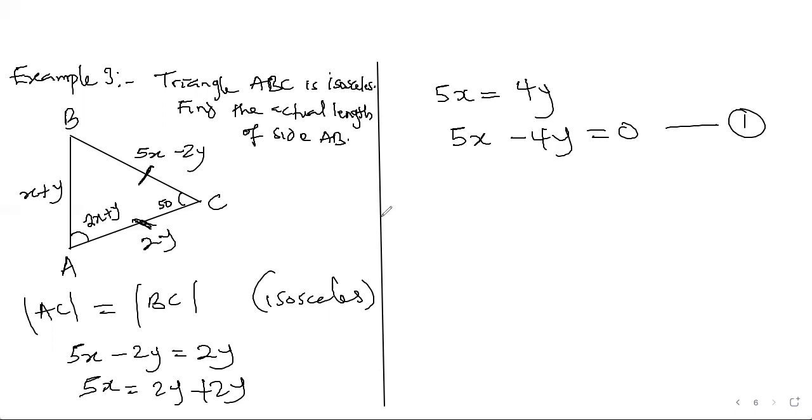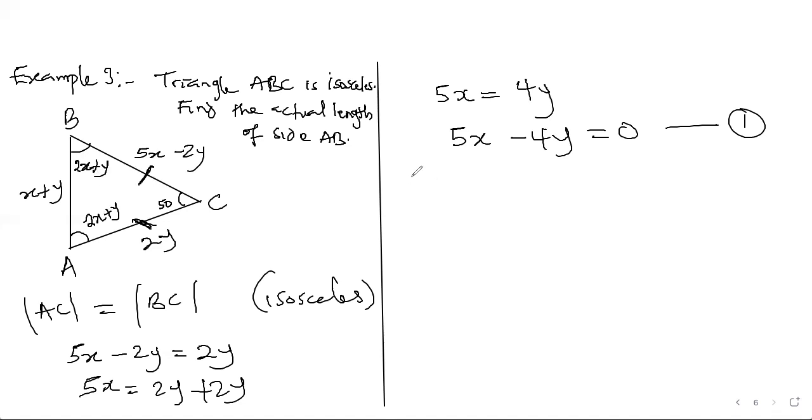Okay. Then another thing I can do is that because this is an isosceles triangle, I know that the base angles must be the same. So this angle must be equal to this angle. So I can put 2x plus y here as well. If that is the same, I can then add all the angles in the triangle together, because everything must sum up to 180 degrees.